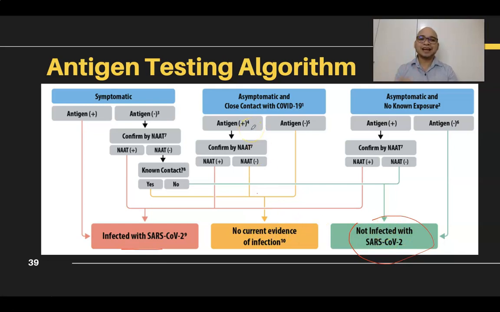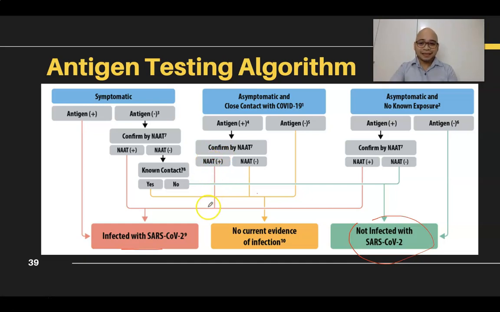Now, let's say for example you are asymptomatic but had close contact with someone who's positive with COVID-19. So if you're positive with antigen test, yet you are asymptomatic, well, of course, you want to have peace of mind. So you would want to have a confirmatory testing by RT-PCR or by any of the NAAT.